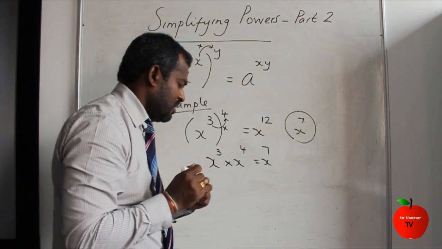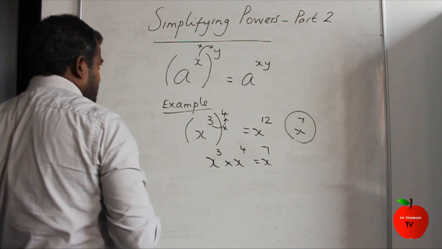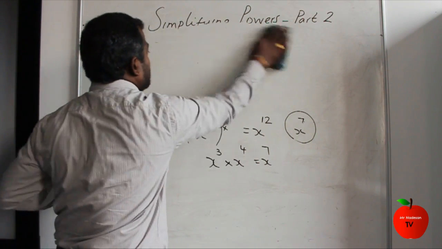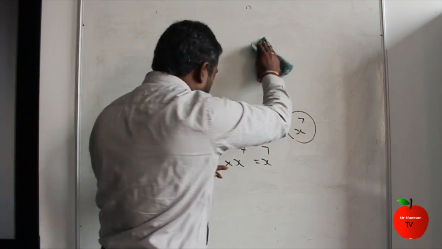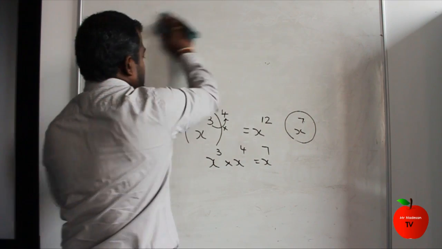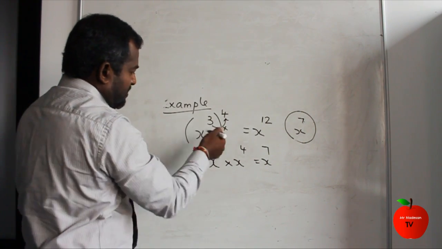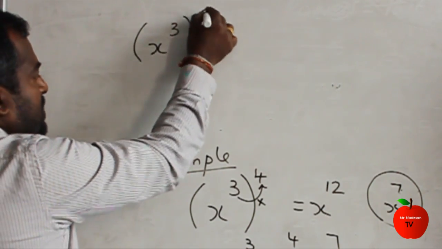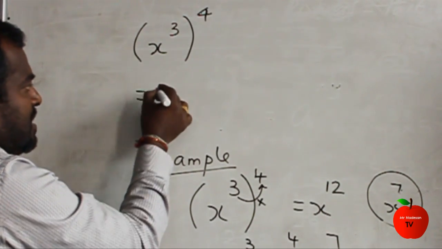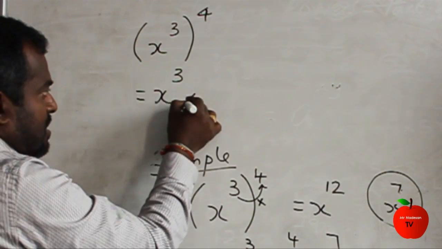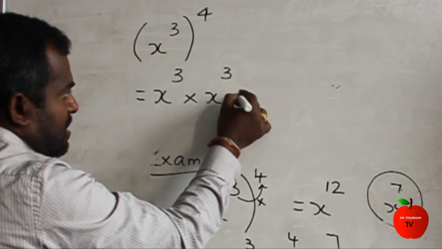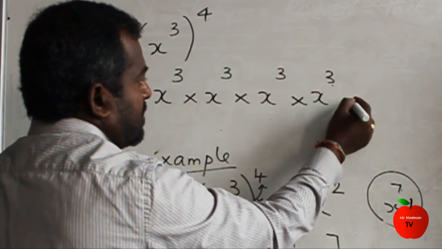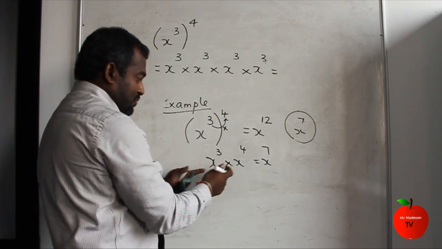How do you get that? That's the important part. Let's have a look, everybody. Let's see why x to the power 12 comes, and how we can use these rules as well. So let's say we have x to the power 3 to the power 4. What's the meaning of this? That means x to the power 3 times x to the power 3 times x to the power 3 times x to the power 3. Now you can use the same rules.